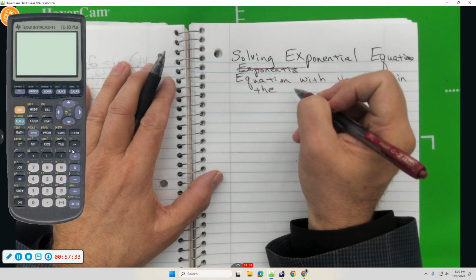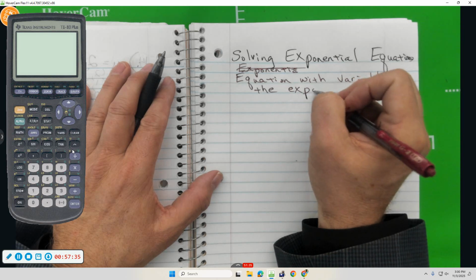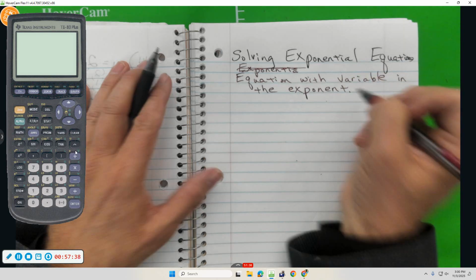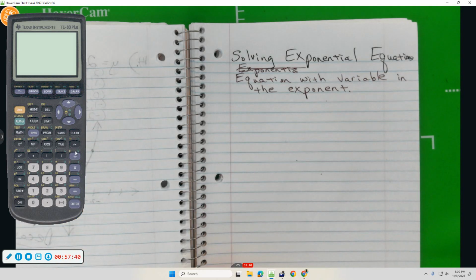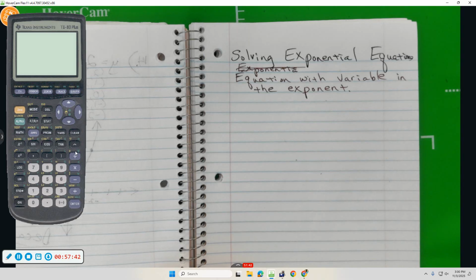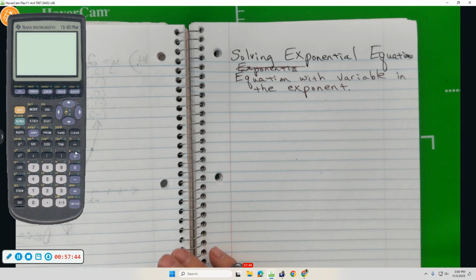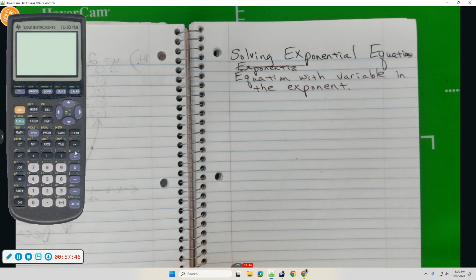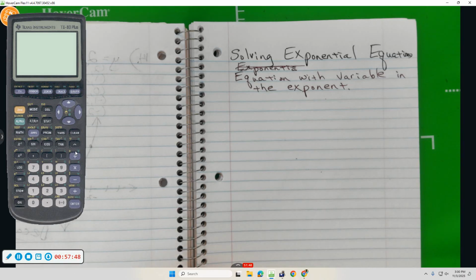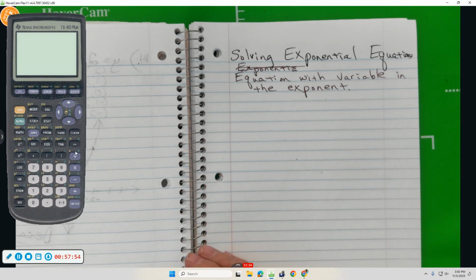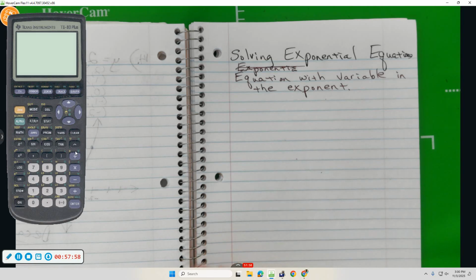That's what I mean by an exponential equation. We know an equation has to have an equal sign. We know what we mean by an equation, but what makes it exponential? The variable is in the exponent.